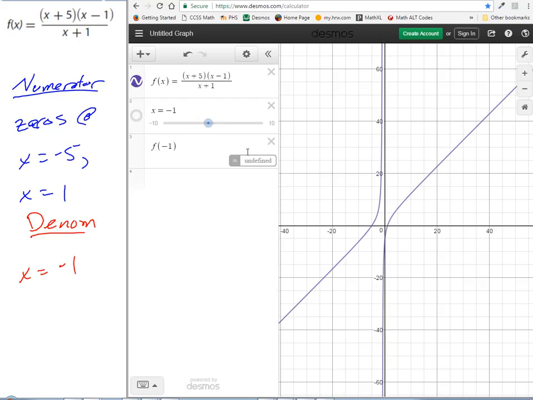Okay, so what's going to happen if I go to my function and I put in a value of -5? What am I going to get back for a y value? What do you think? There's my function at -5. Well, let's try it. If I put in -5, I would get 0 times -6, right?